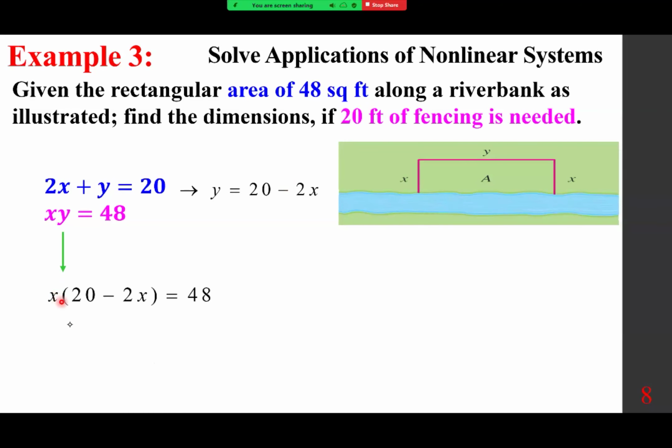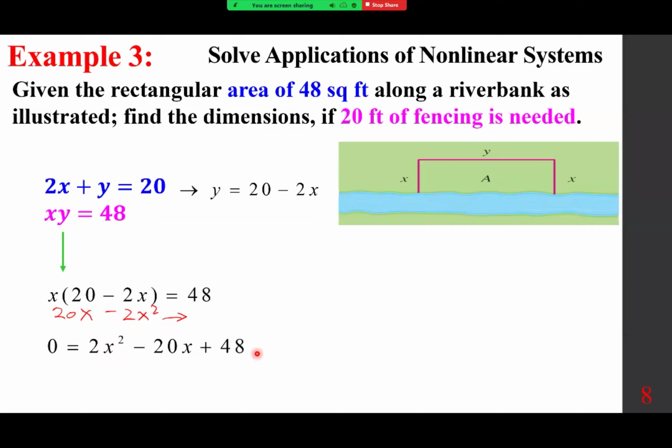If we distribute, we get 20x minus 2x squared. And we're going to take everything to the right because we want 2x squared to have a positive coefficient. Therefore, we move it this way. This becomes positive. This becomes negative. So 0 equals 2x squared minus 20x plus 48.